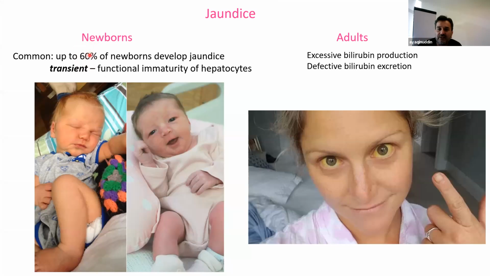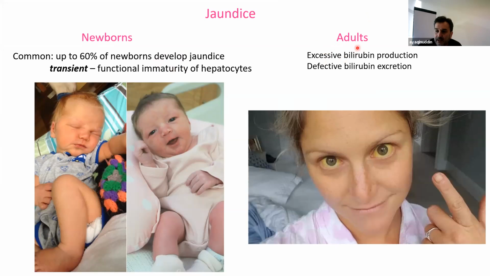So 60% of newborns have jaundice for a transient period of a week or 10 days, which is called physiological jaundice. It is because of the immaturity of the hepatocytes, which don't have enough conjugating enzyme, so they are unable to conjugate the bilirubin coming to the liver, and you have yellowish discoloration of the skin and sclera.